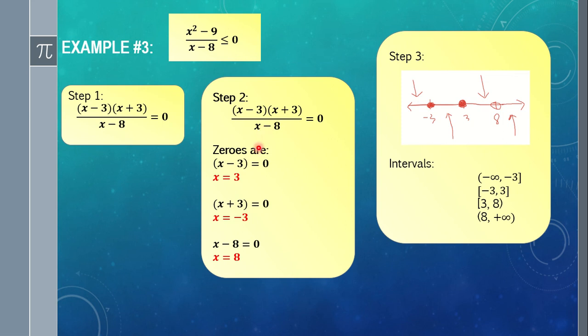Because as we substitute 8 as our value on the denominator, 8 minus 8 makes the denominator 0. Now we have 4 intervals here: from negative infinity to negative 3, negative 3 to 3, 3 to 8, and 8 to positive infinity. 4 intervals in this given.